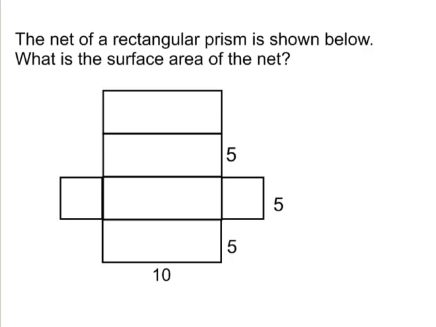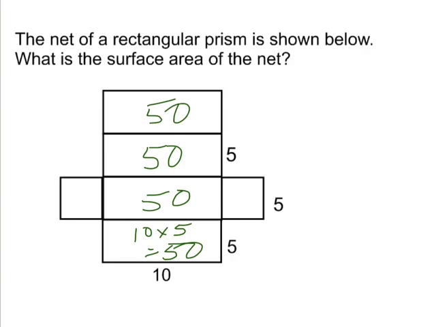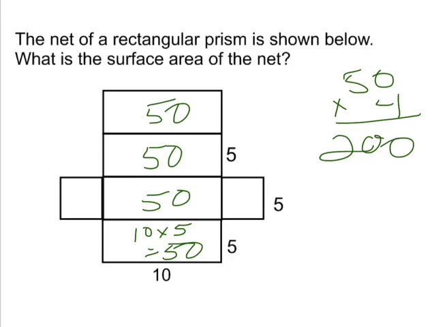Now on this one specifically, we have a 10 times 5 because we have a length of 10 and a width of 5, and when you do 10 times 5 you get 50. Well, all four of these are the same. They're all 50. So if you just add up 50 4 times, or 50 times 4, you get 200.